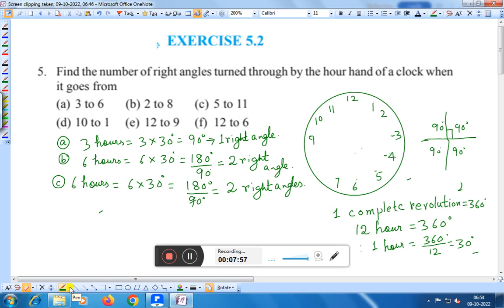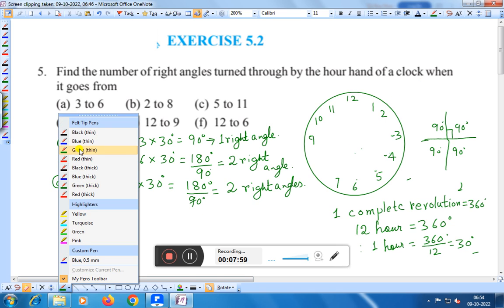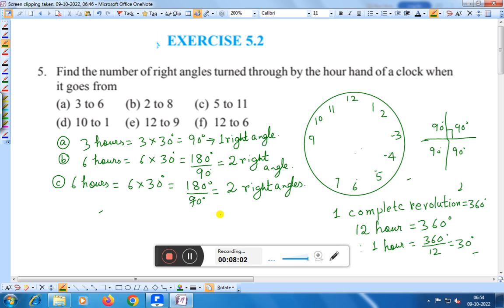If it goes from 10 to 1, what will happen? Now, question number D, 10 to 1. This is 10. This is the center of the clock.